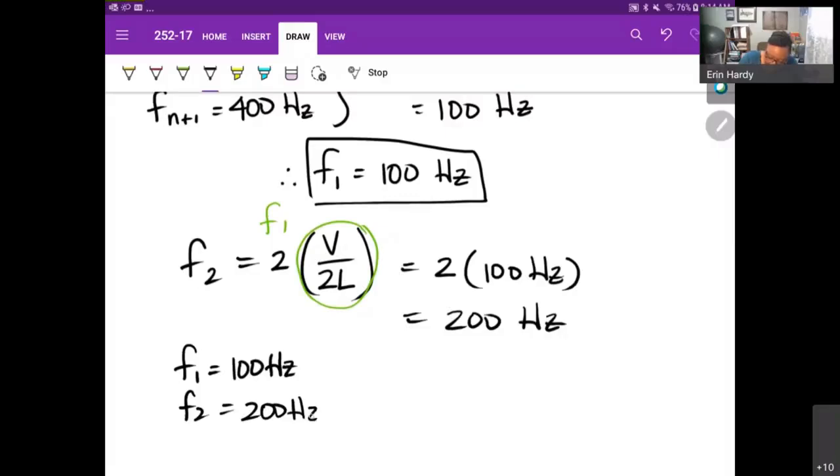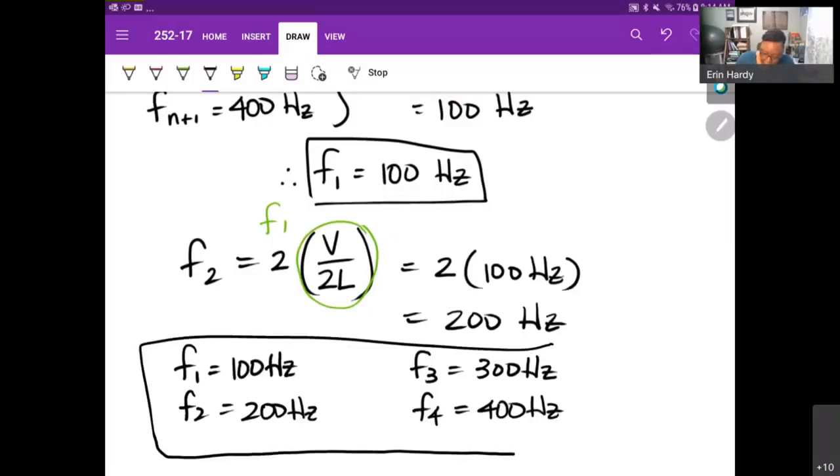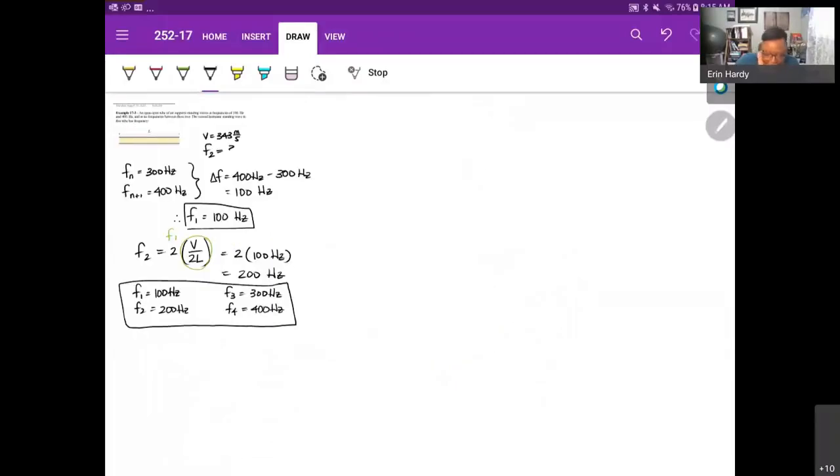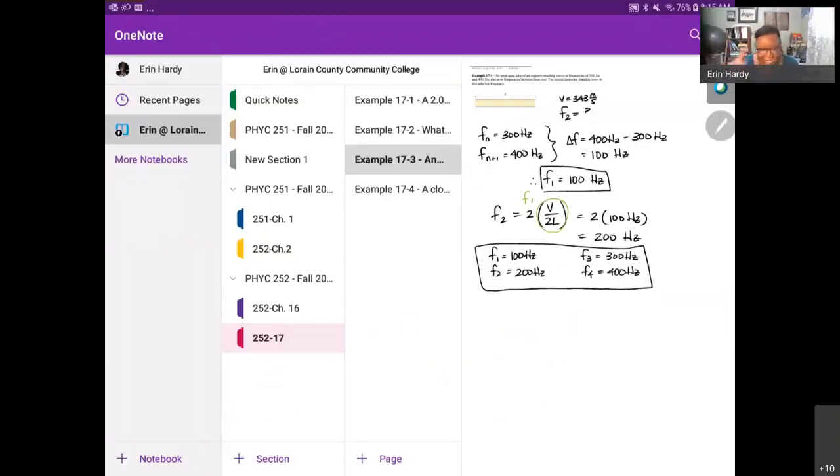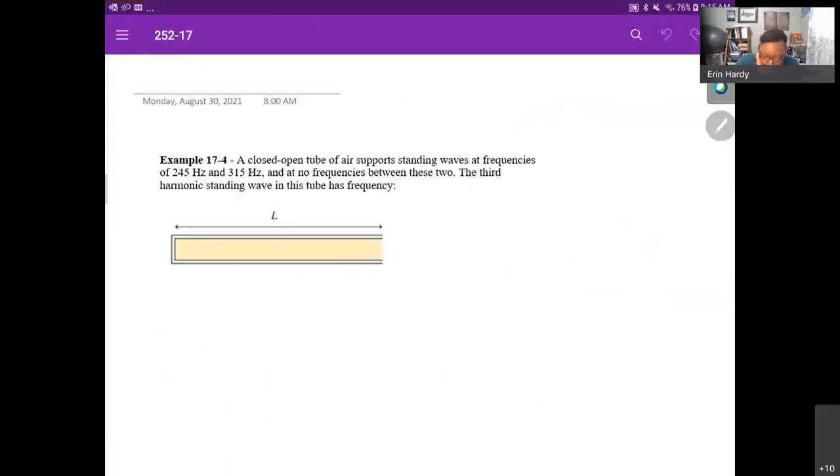That's what we solved for. f3 was one of the given values, it's 300. f4, another given value, is 400 hertz. For a standing wave in a tube that has ends that match, it's just as simple as that. It's very, very similar to what we discussed as it related to standing waves on a string in our last lecture. The next question here gets a little bit more complicated, or we have to consider something else important.